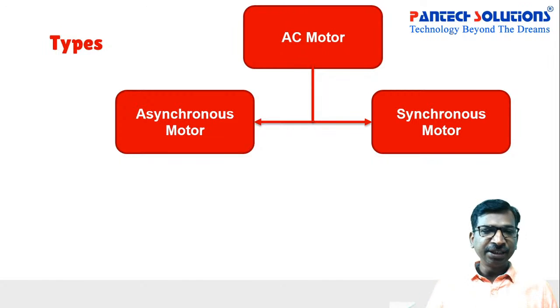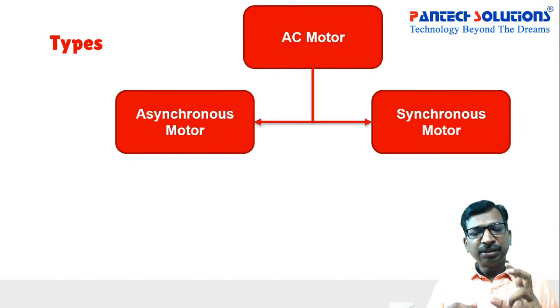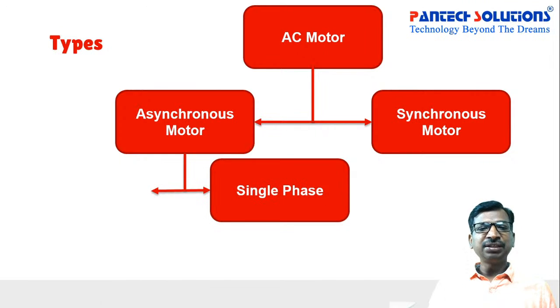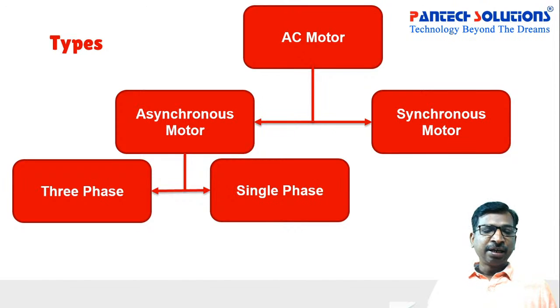But in the case of the asynchronous machine, the rotor will try to catch the stator frequency, but it will not catch it. There will be some difference, and due to that we call this an asynchronous machine. We can again classify the asynchronous machine based on the number of phases: one is single phase and the other is three-phase.